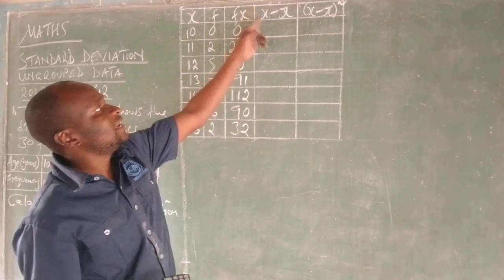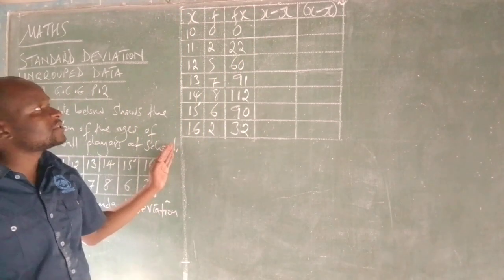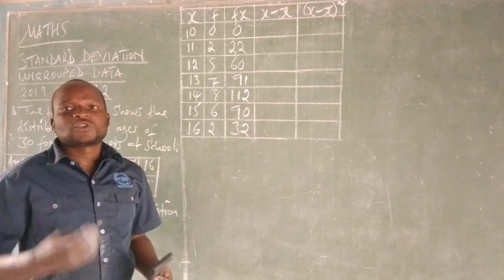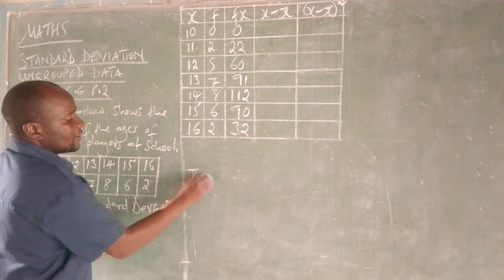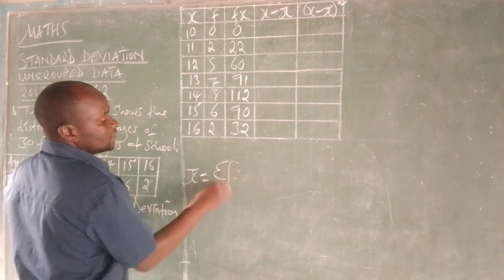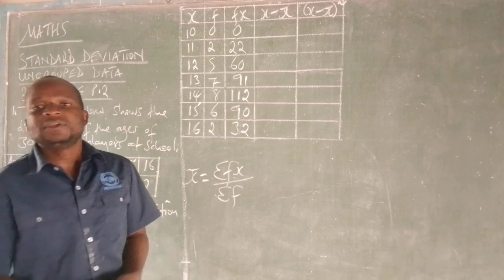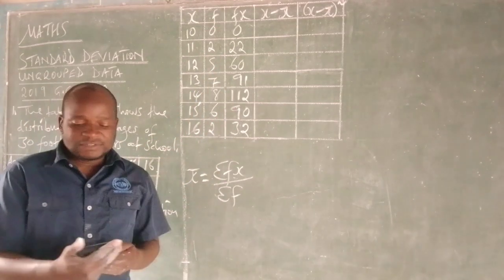The next column says X minus the mean, meaning from each value in X, we subtract the mean. But in this case, we don't have the mean yet, so we should first find the mean. The formula for the mean says mean is equal to summation of Fx divided by summation of F. This means we add what is in Fx and what is in F, then we divide the two.